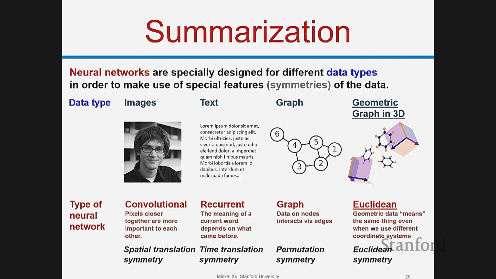I think this is also the design philosophy of a graph neural network from some perspective. When you do message passing, you never consider the order of your neighborhood. So message passing is naturally permutation invariant. And I think this is also one of the reasons for the success of graph neural networks.